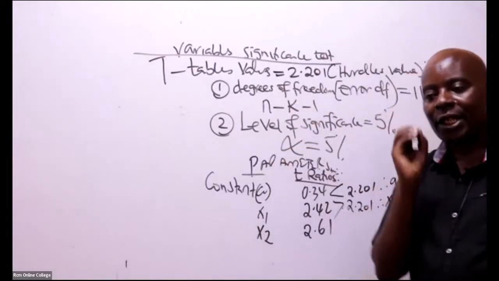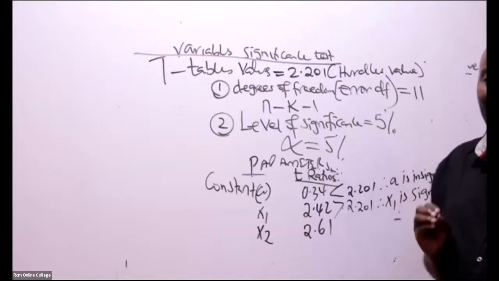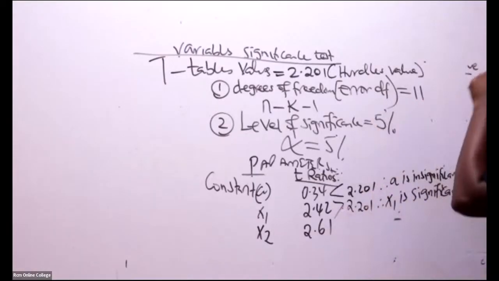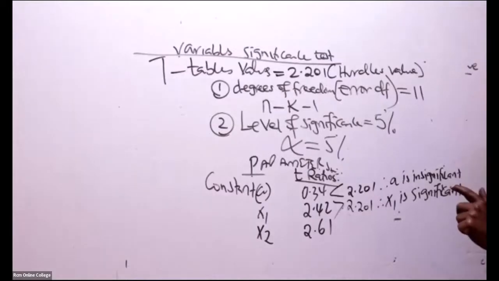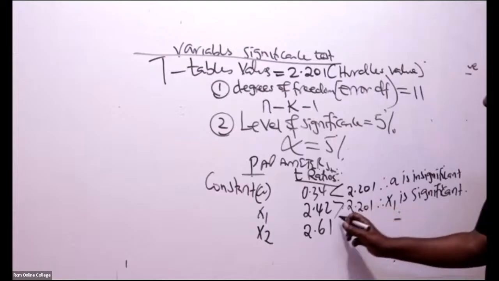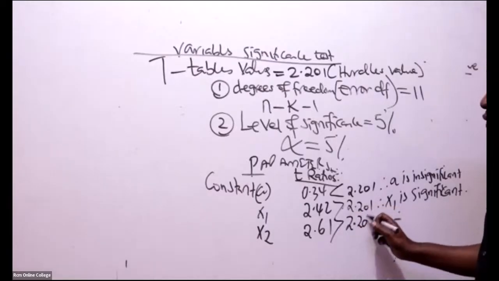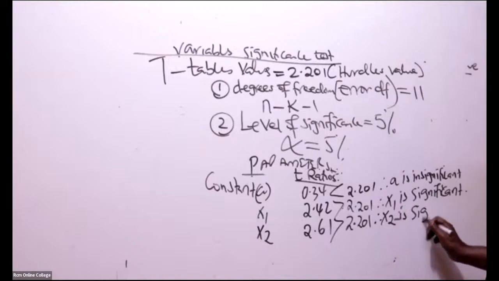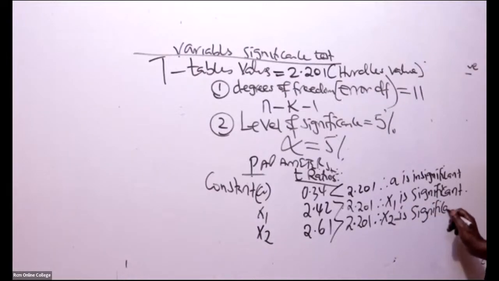The T table is the threshold of significance. You can see 2.42 is bigger than this value. All right. Then we have 2.61, x2, ladies and gentlemen. Again, this is more than 2.201. Therefore, x2 is significant as well.